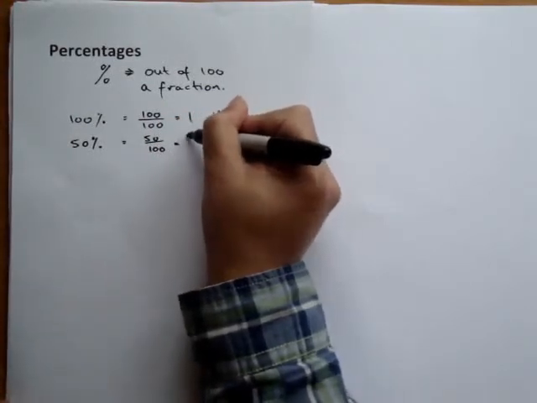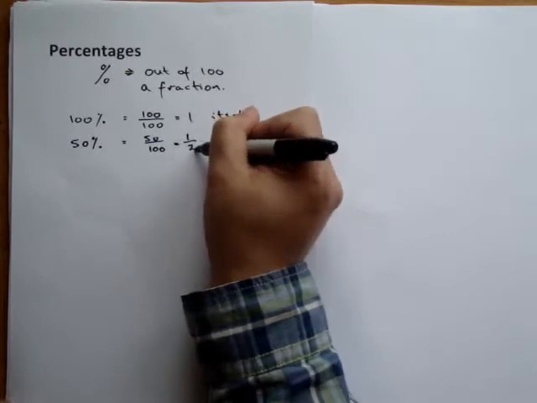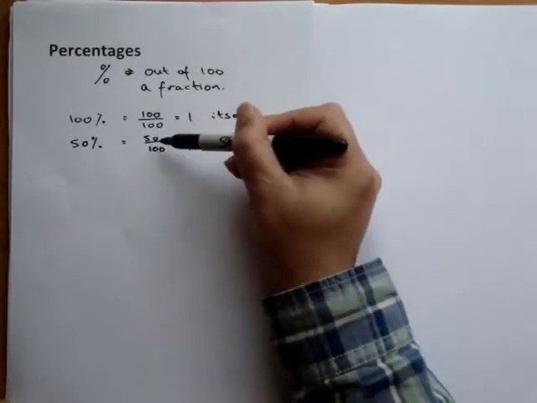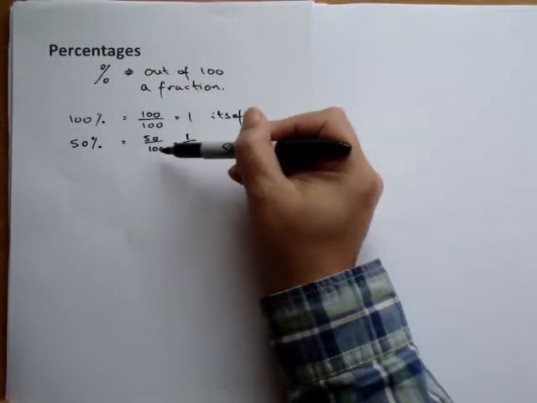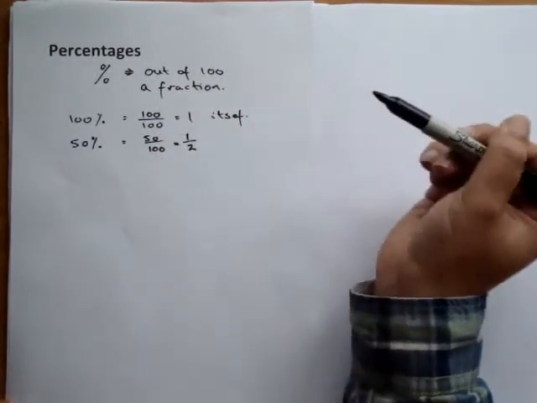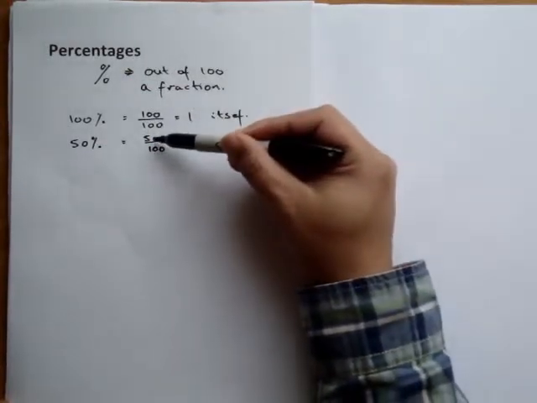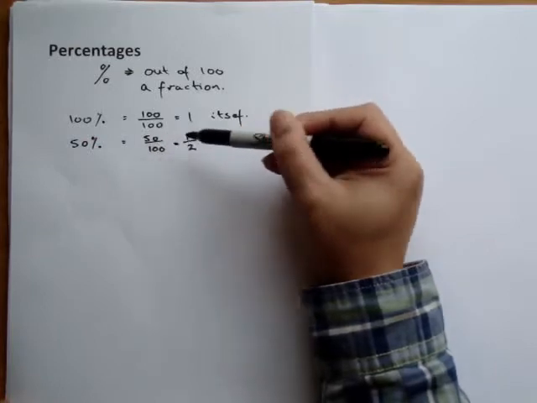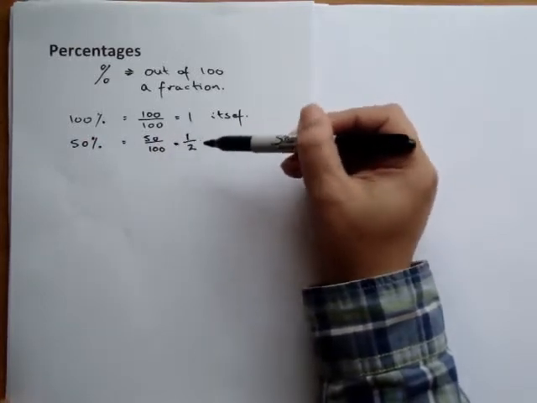This is 1 over 2 as a fraction. So what we do is we divide the numerator by the denominator. So this would effectively be 5 divided by 10, which is 1 over 2, which is a half.